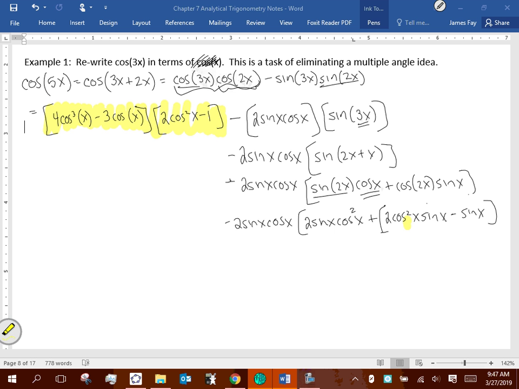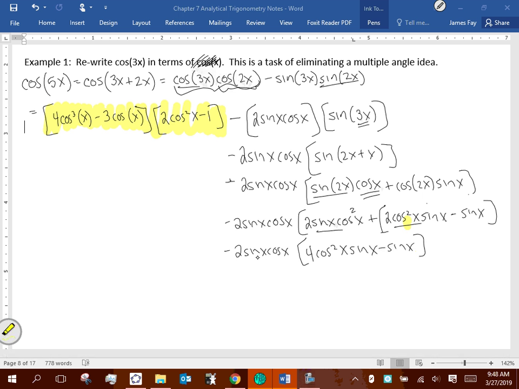Now, that thing there and that thing there are the same, right? So we have negative 2 sine x cosine x on the outside. We'll have 4 cosine squared x's, sine x's on the inside, minus sine x, right?